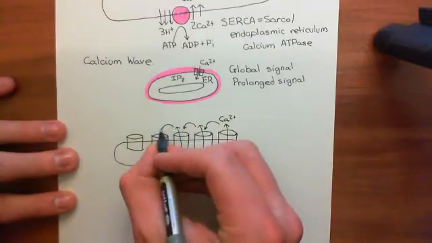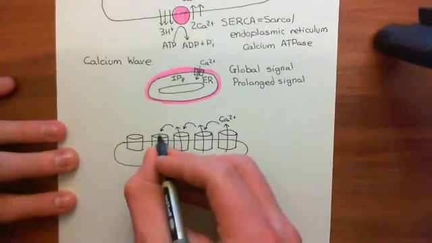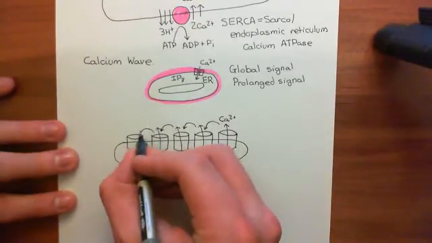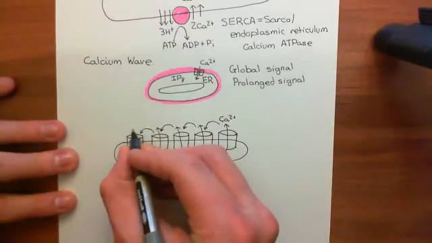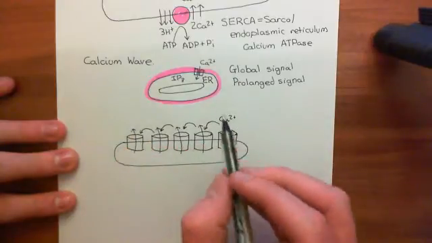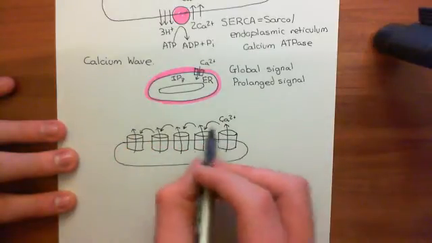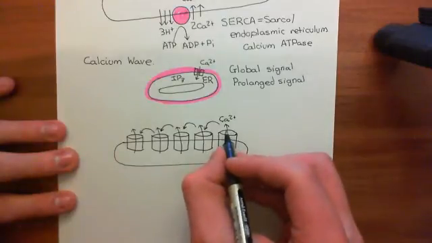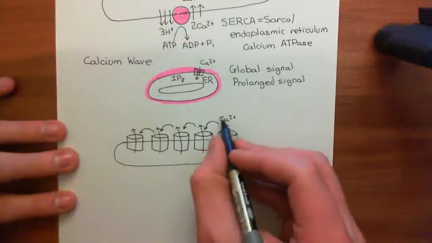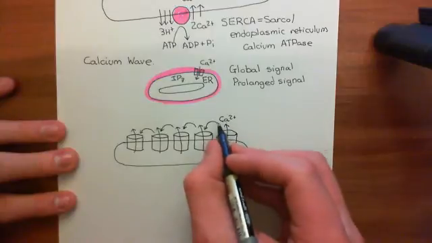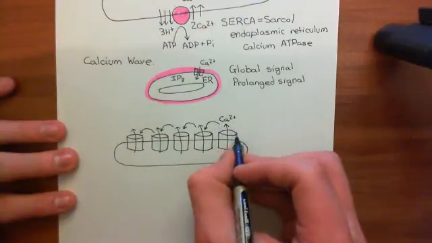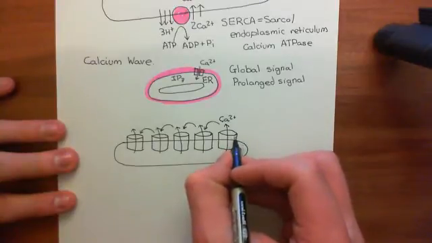The process will continue on propagating through the entire cell like so. So you're getting this propagating release of calcium from the ER. Now, whilst the release of calcium is propagating, you also have to factor in the fact that calcium will be building up over here, and what that will do is feed back on the IP3 receptor and cause it to close.